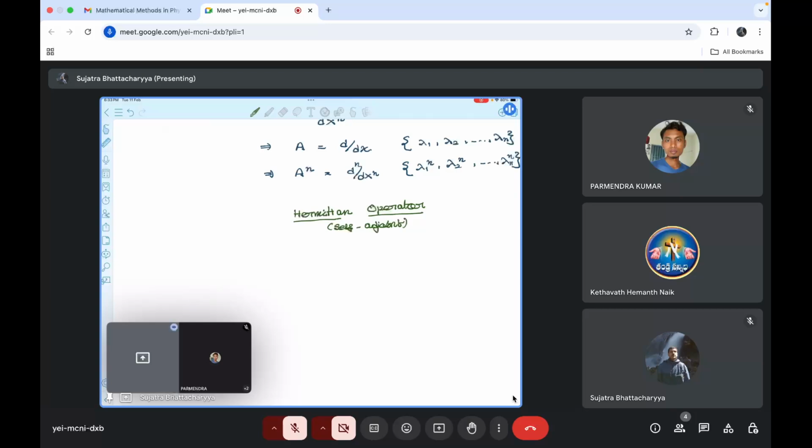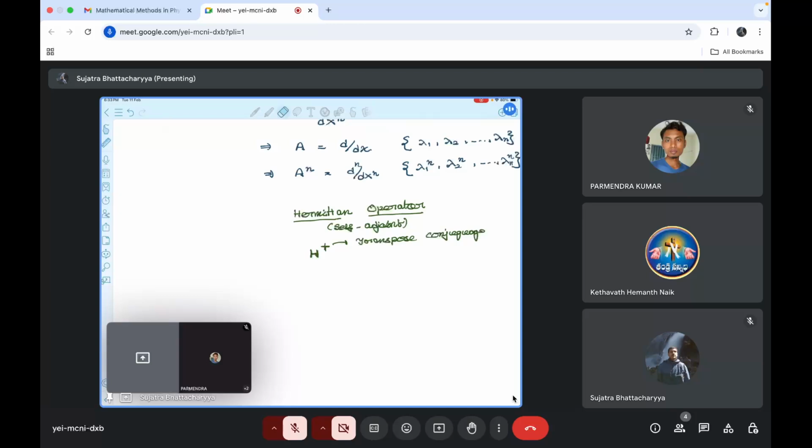The most important property of this Hermitian matrix or Hermitian operator is that, suppose H is the Hermitian matrix, your H dagger, what does this dagger mean? Just take its transpose conjugate.